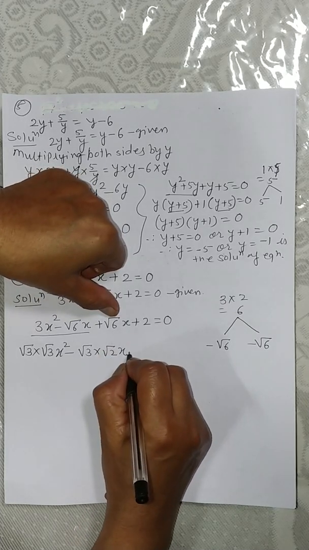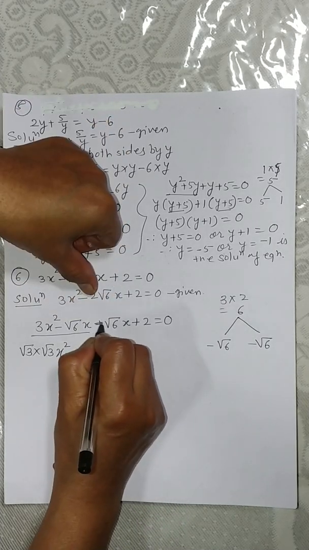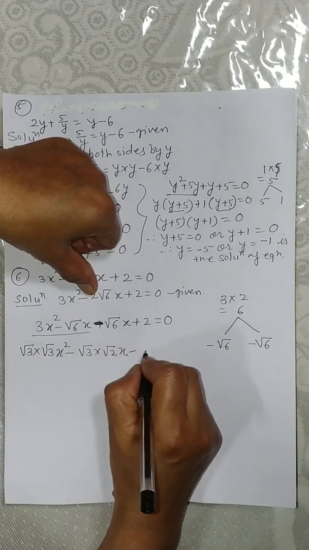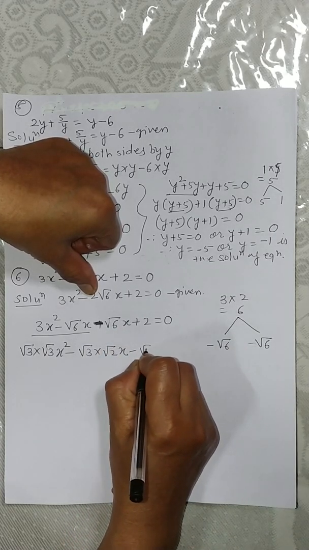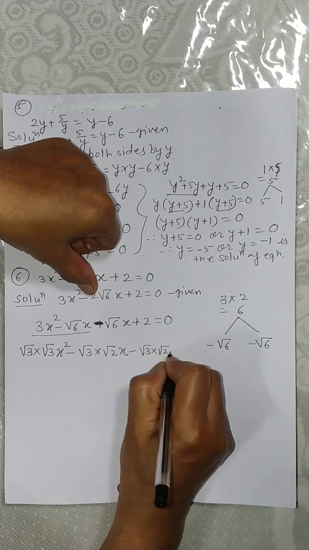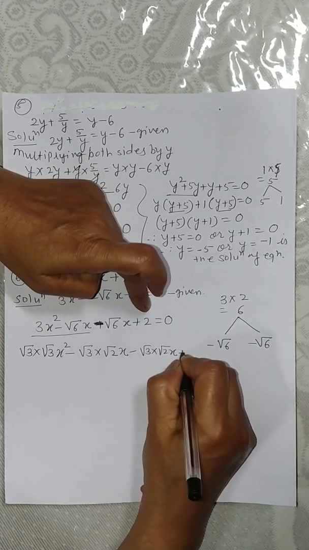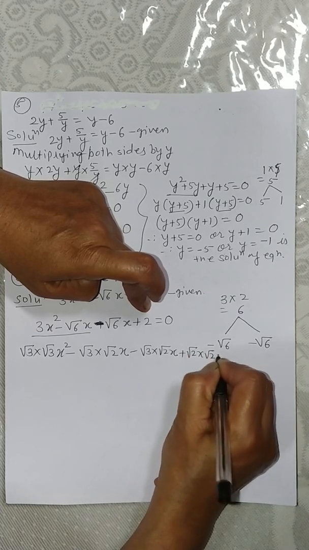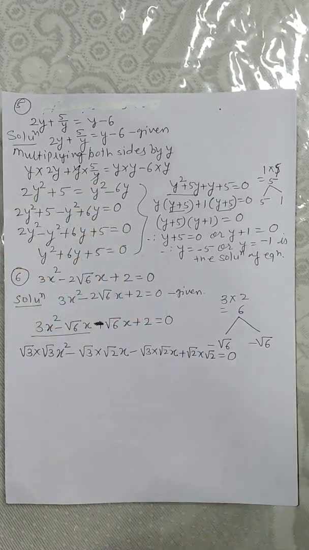Again this root 6 is also written in the same way, so negative, root 3 into root 2x, and plus this 2 is written as root 2 into root 2, it is equal to 0.